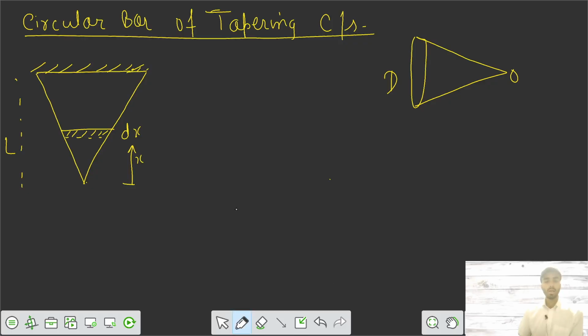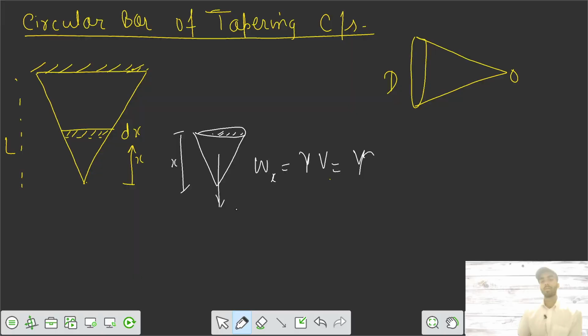Now, taking the strip, we calculate the forces on this part. The weight of this part acts downwards. With total length x, the weight is gamma into volume, where gamma is the unit weight of the material and does not depend on cross section.